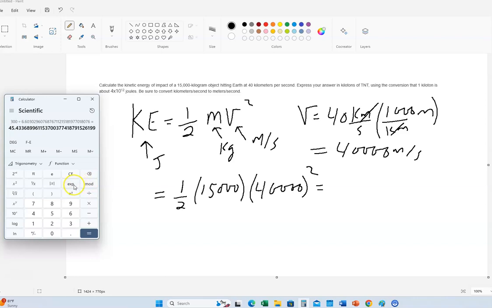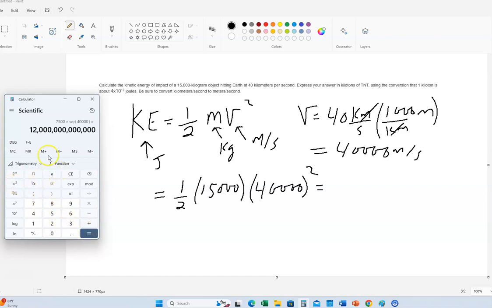All right, so anyhow, let's do this next problem. It's really simple. It's going to be 15,000 divided by 2, there's the divided by 2 part. And then we're going to say times 40,000, but you got to square that.